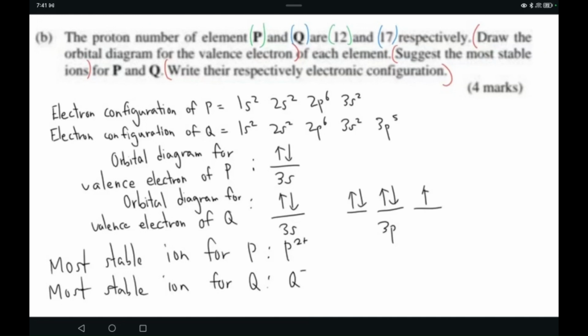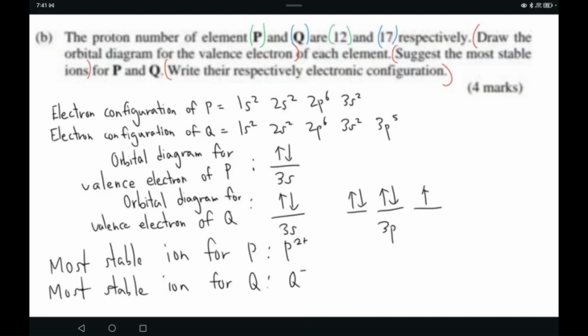So now we can write down the electronic configuration for P and Q. For P it is 1s2, 2s2, 2p6, and 3s2. And for Q it is 1s2, 2s2, 2p6, 3s2, and 3p5. When we write down the electronic configuration, we need to confirm that the number of electrons in the electron configuration is equal to the proton number.